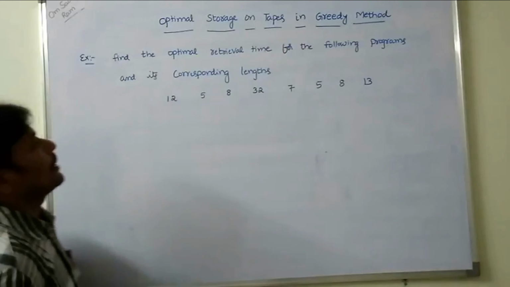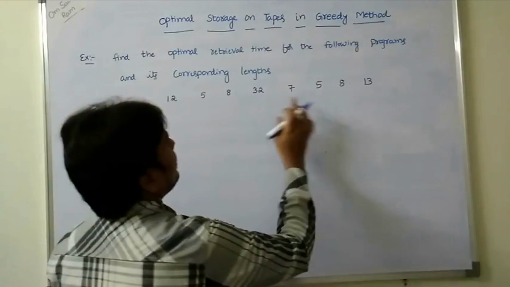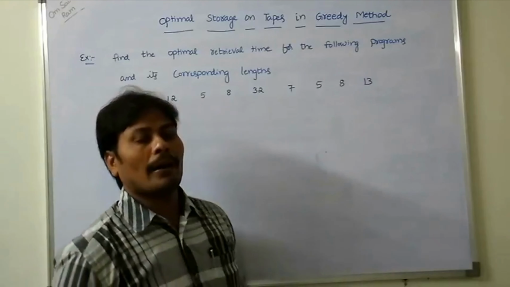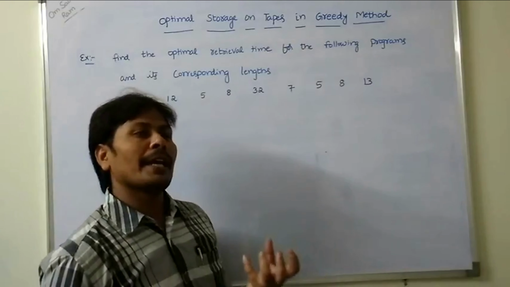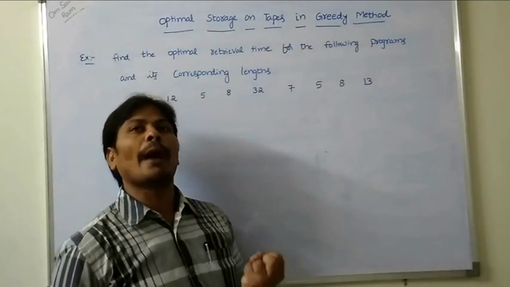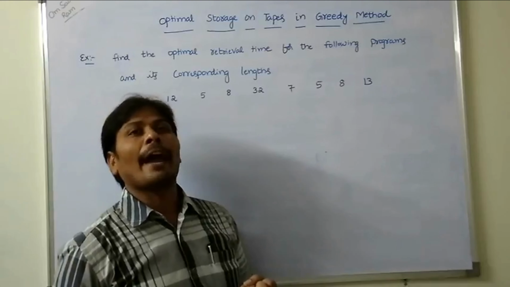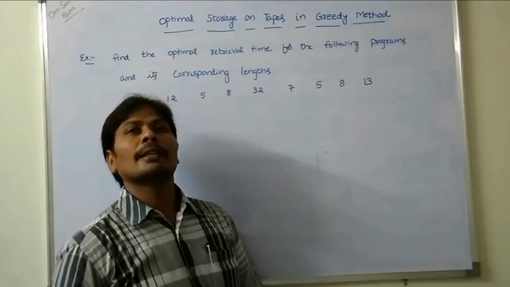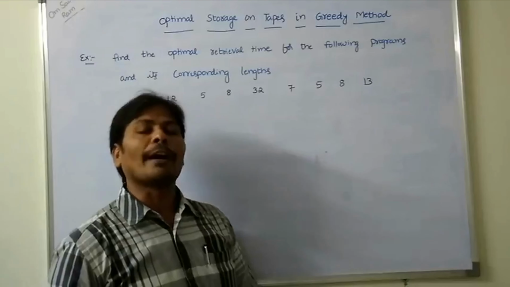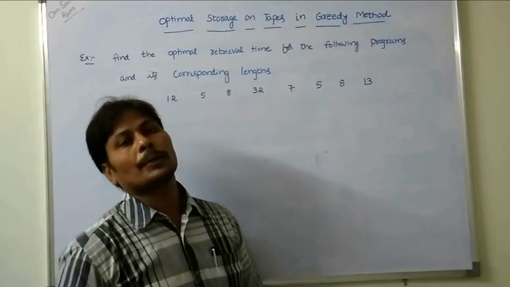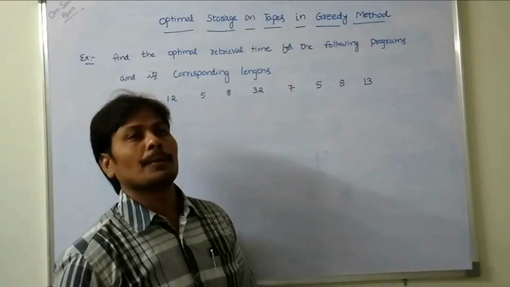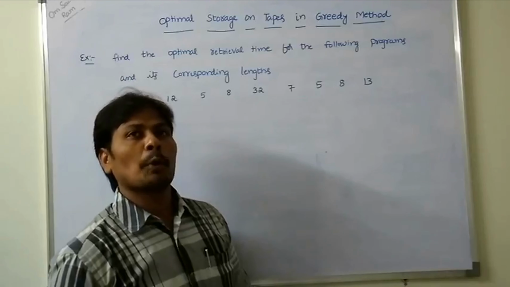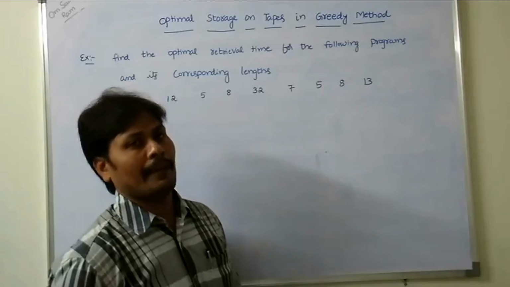Suppose there are 8 programs. It is very difficult to arrange 8 factorial ways and find out the total retrieval time. So at that time, this problem can be solved in this way.